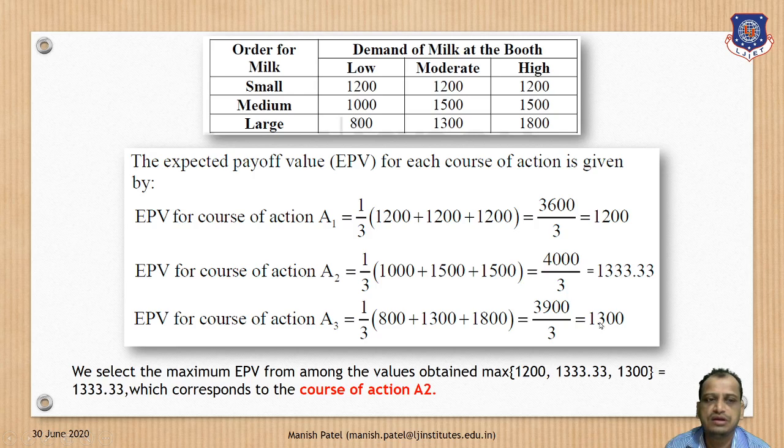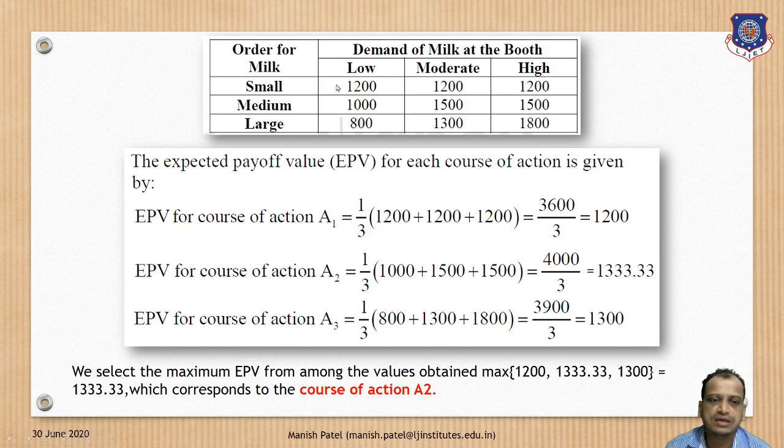If you see here, out of all these courses of action in the Laplace criterion, we have equally likely scenarios for all three payoffs. For this row, we have all three equally likely payoffs, and we found the expected payoff. In the same way for A2 and A3. Now, what is the final answer?